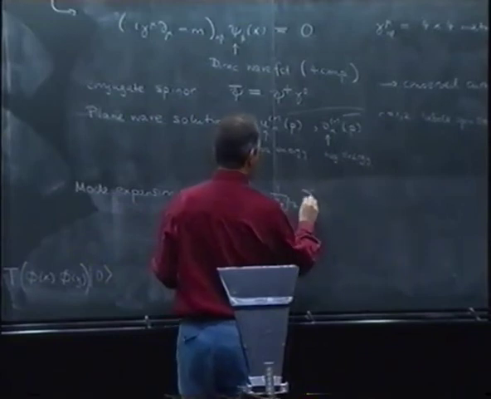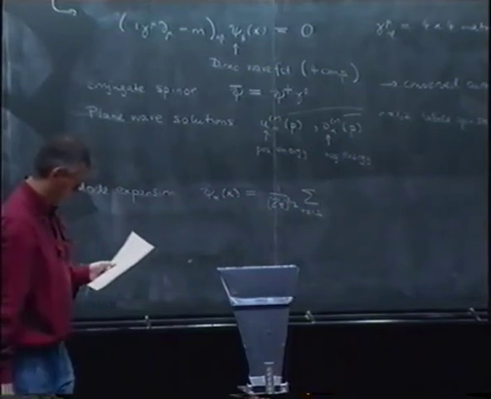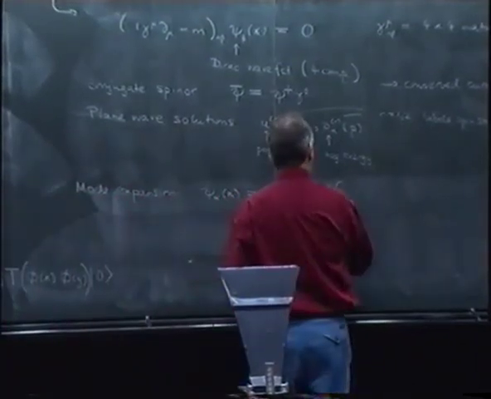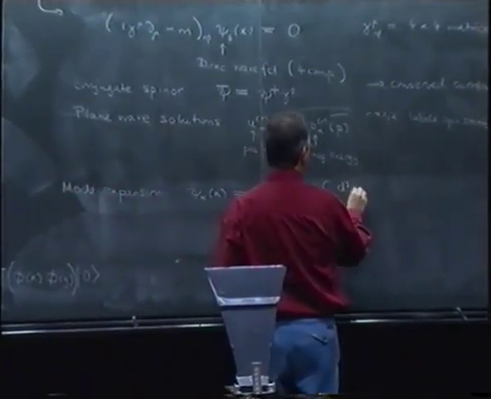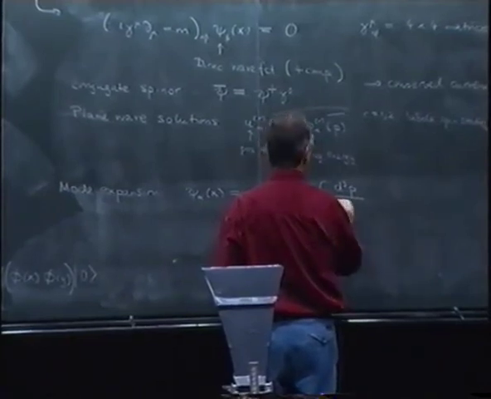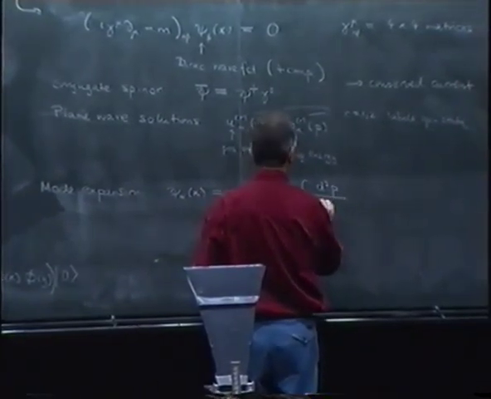Just this factor again. Then we have to sum over the spin states, r equals 1, 2. We again have the invariant volume element.